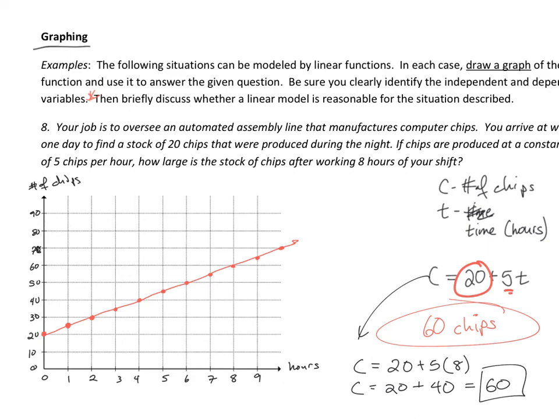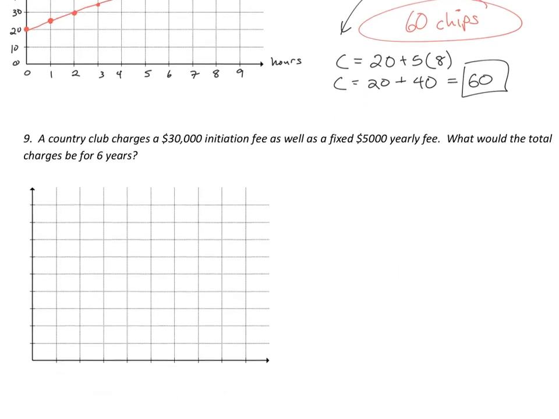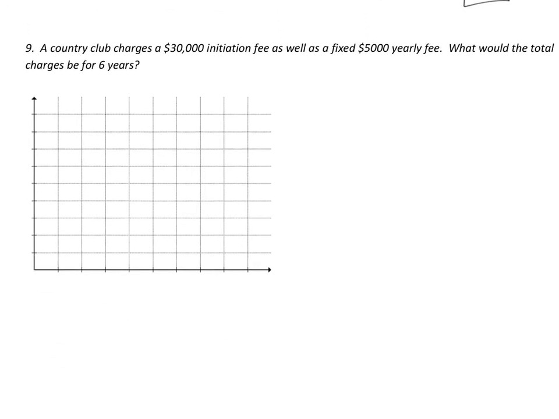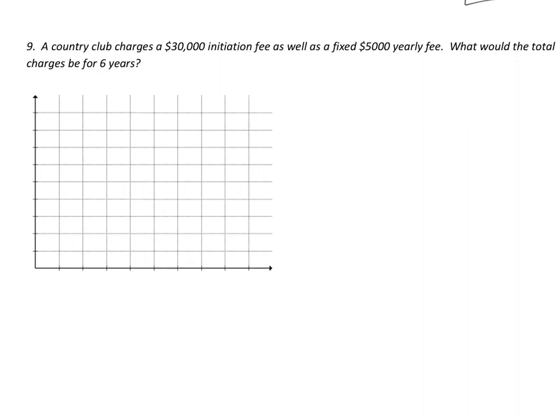Moving to the next example, and in fact the final example, we have a country club charging fees, a $30,000 initiation fee, as well as a fixed $5,000 yearly fee. What would the total charges be for 6 years?